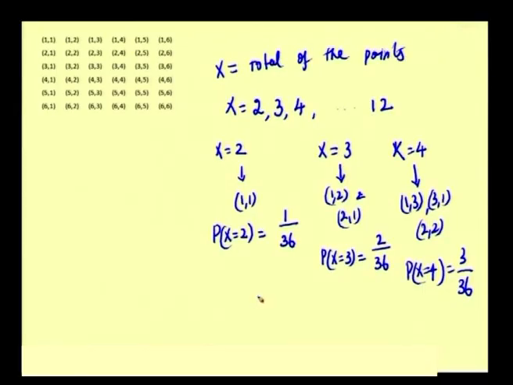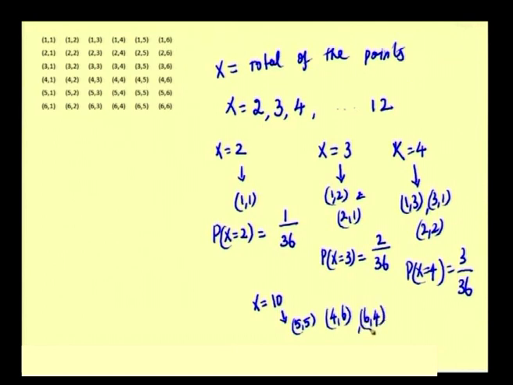For example, if you want to find out for x equal to 10, x equal to 10 is obtained with the possibilities (5,5), (4,6), (6,4).